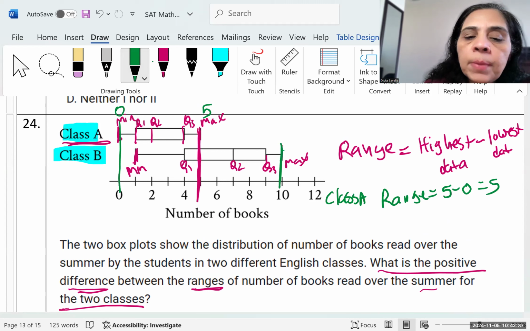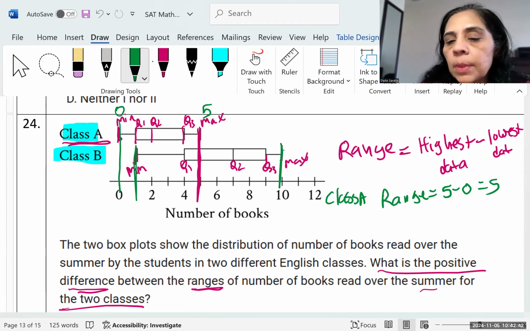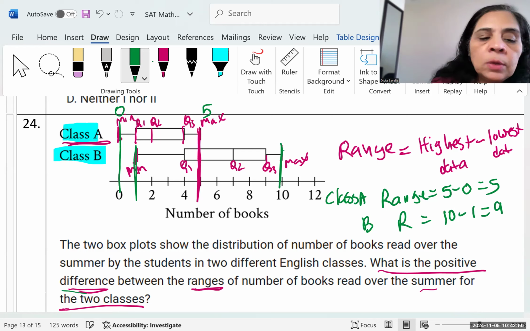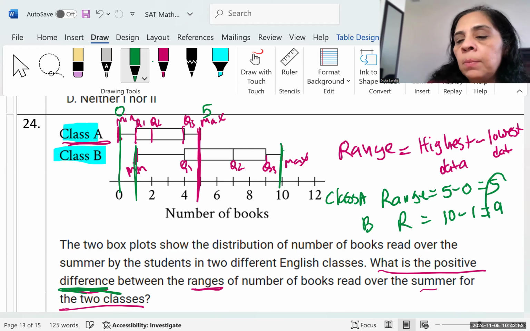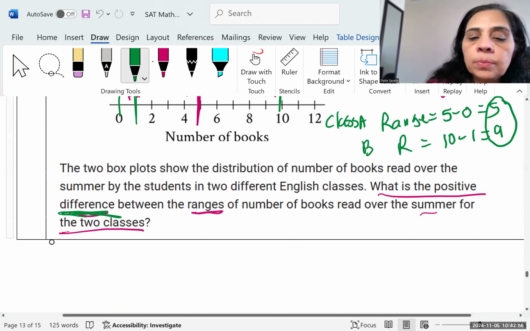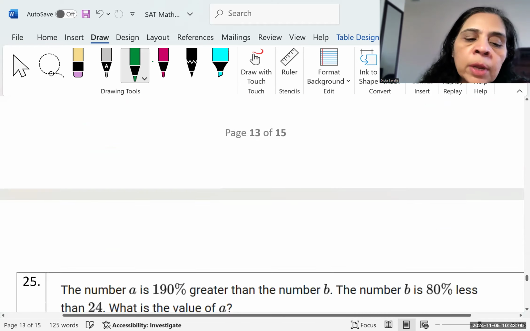The maximum is 10, minimum is 1. So for class B, the range is 10 minus 1, which is 9. Now we need to find the difference, right? So 9 minus 5 is 4. So the difference is 4. That's your answer.